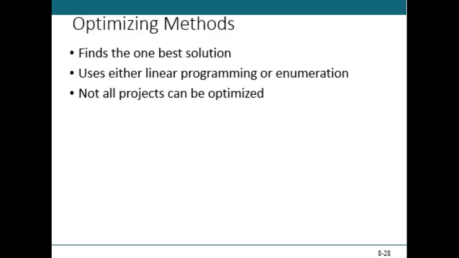In the PMBOK guide, they will refer to this as a scientific approach. They call it modeling or simulation, right? Where you're using a computer-based simulator to execute your assessment of the scheduling needs.